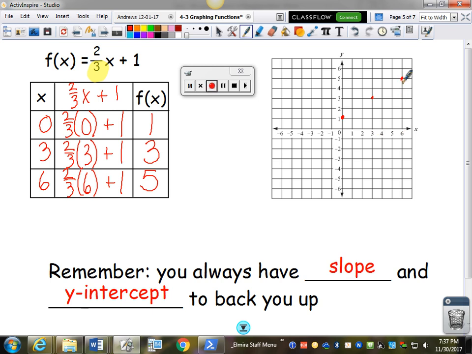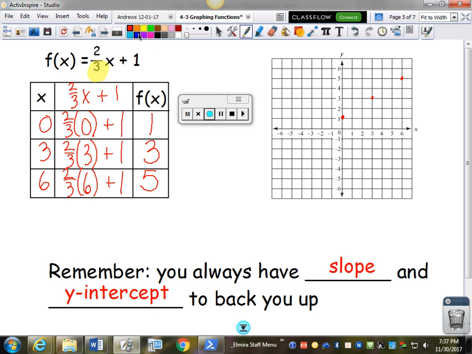Now, don't forget, okay, if you're struggling with doing the input-output tables, you always have slope and y-intercept to back you up. Well, what do I mean by that? Well, remember when we did this before, the plus 1 is where you start.